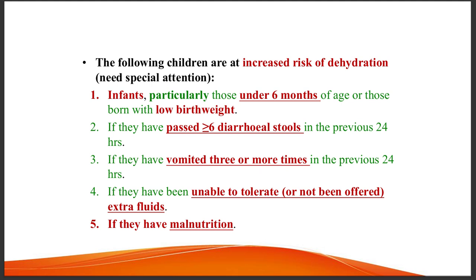Vomiting is very important, because imagine someone having diarrhea and also vomiting, they are losing water from two ends, they will be really dehydrated. Also those unable to tolerate food by mouth, or who have malnutrition. These ones need special attention, very much. Very important, take note.